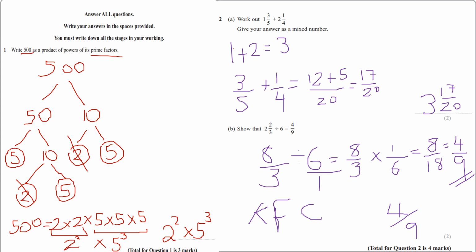Revise that content, because this sort of question will appear, I almost guarantee you, in summer's paper of 2024, either addition, subtraction, division, or multiplication. So revise that topic, guys.